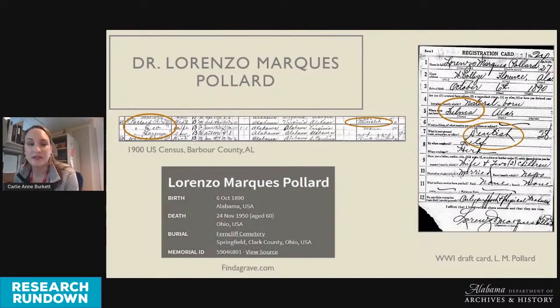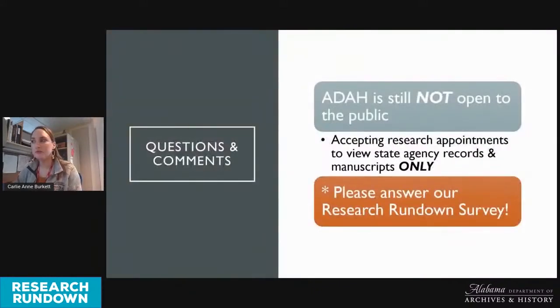So this is just an example of how you can use all of these things, and then take other records, combine it all. And that whole search, all the information started with me just finding a random name in the business section. So you can do a lot with city directories if you know how to.